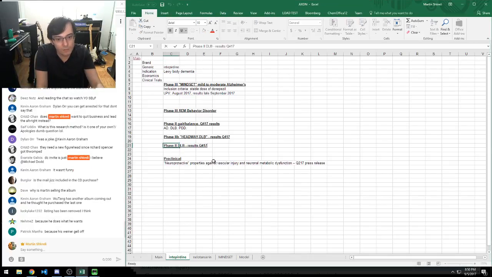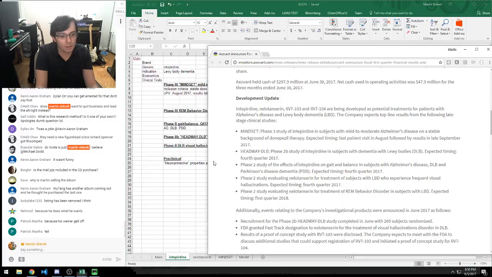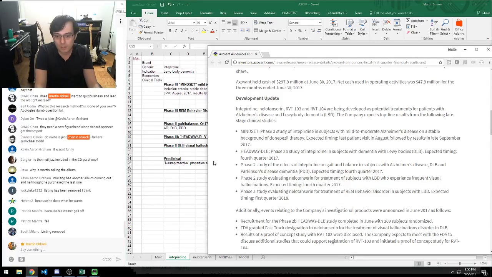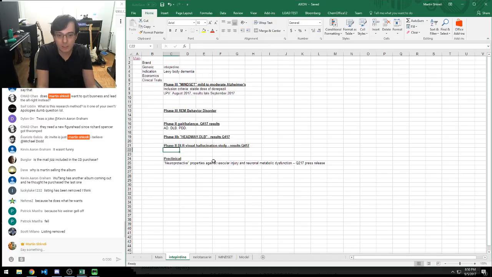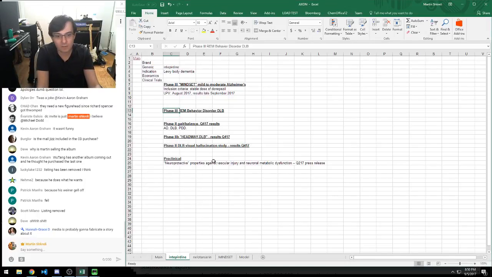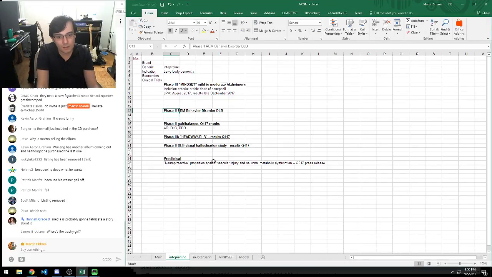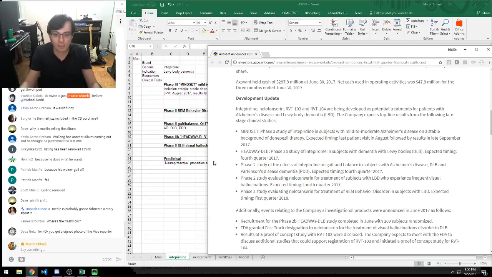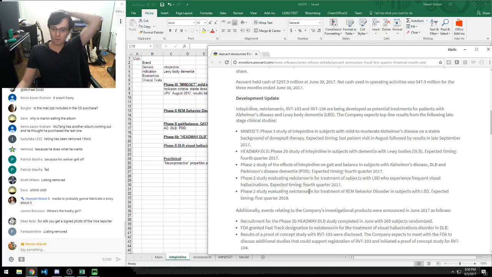So basically, the reason this is different is the DLB visual hallucination study. Phase 2 study evaluating nilotanserin in the treatment of REM behavior disorder in subjects. So this is DLB as well. And again, they called it phase 3, but it sounds like a phase 2. It's a little frustrating. But again, Mindset's the real big study that we're going to be focused on.